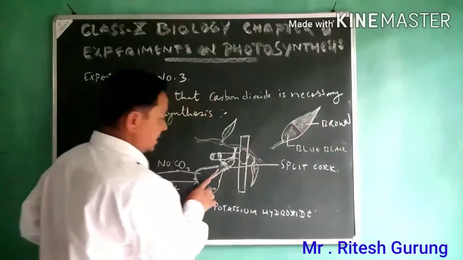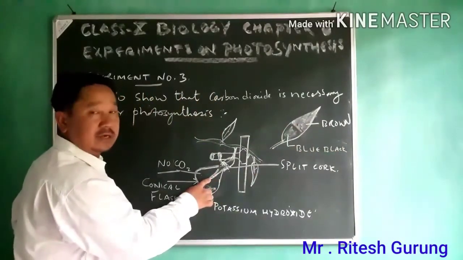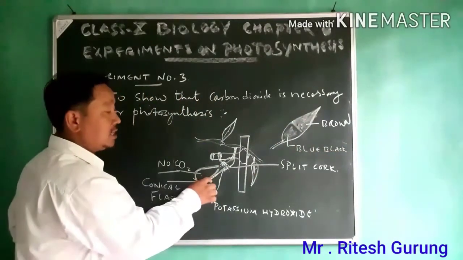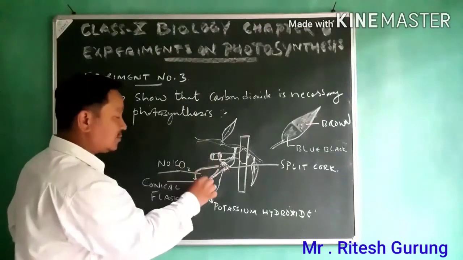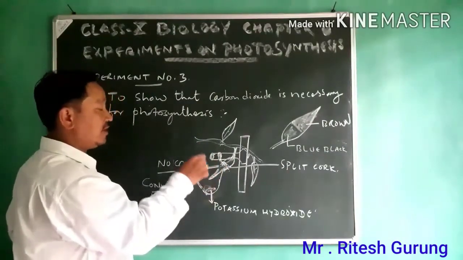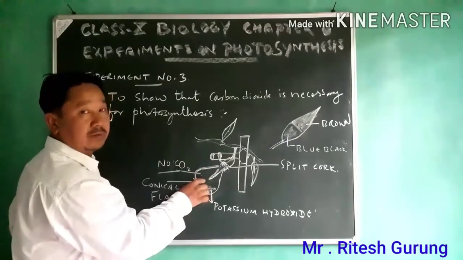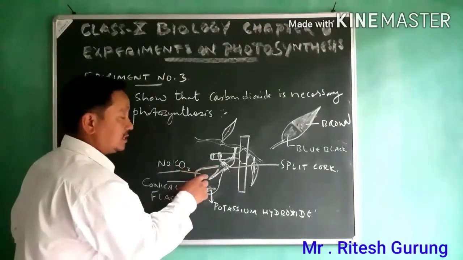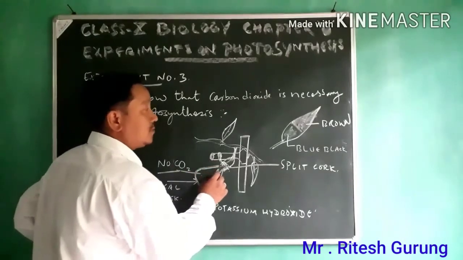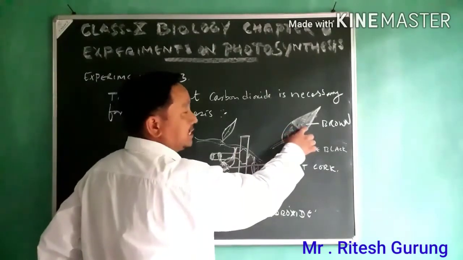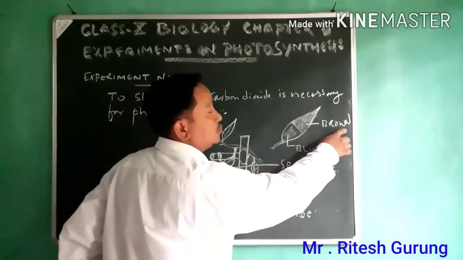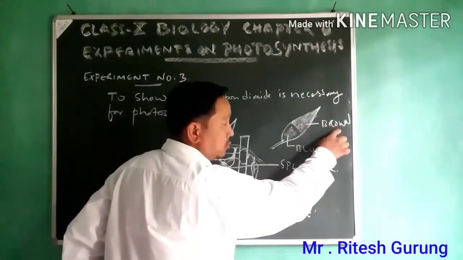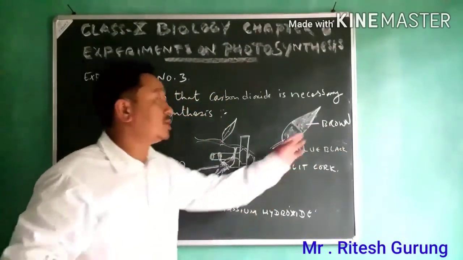That means photosynthesis has not taken place there inside because of the absence of carbon dioxide. There was no carbon dioxide, so photosynthesis could not take place, which is proved by this change in coloration to brown, which shows that there is no starch.